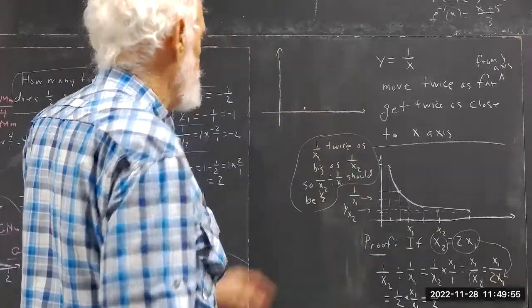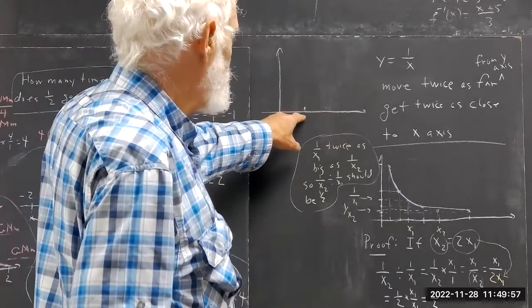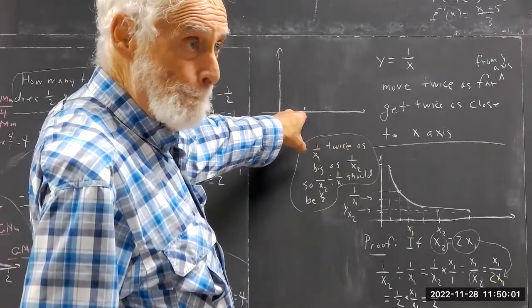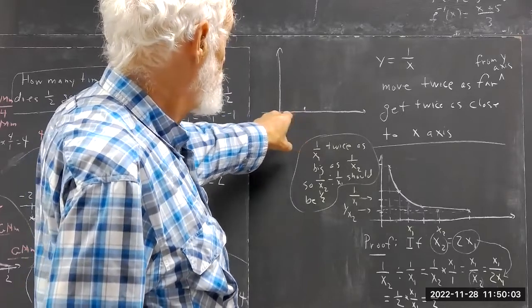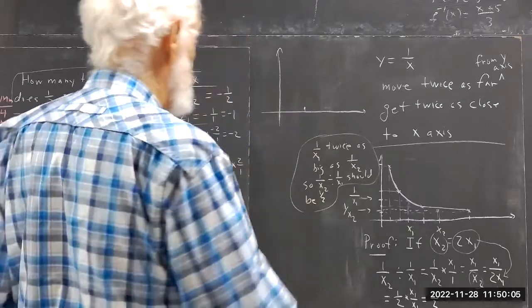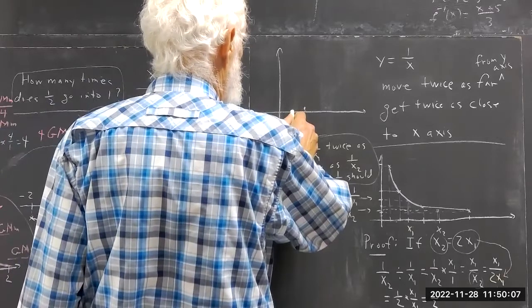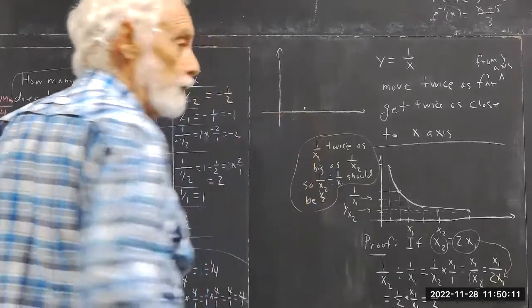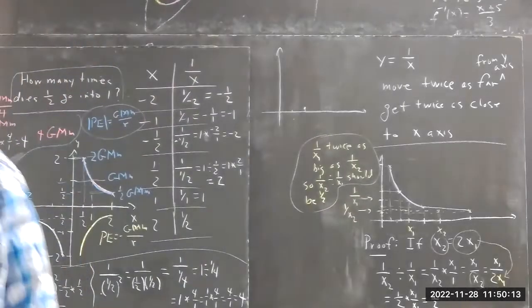There's a point on the graph, not too far from the y-axis, down real close to the x-axis. Okay. Now, what's going to happen if I move twice as close? Where's the point going to be? Show me your paper. Now, twice as close would be here. We're used to subdividing the interval.